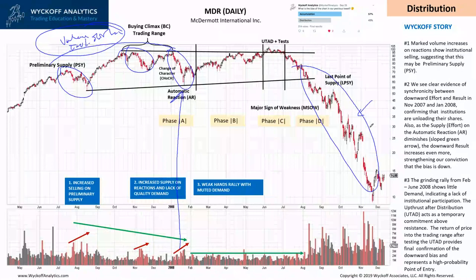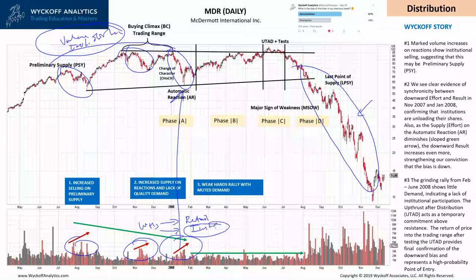So therefore, who picked up this size? Some weak hands. And weak hands could be both retail and institutional hands. And obviously with this volume signature, institutional hands are picking up.